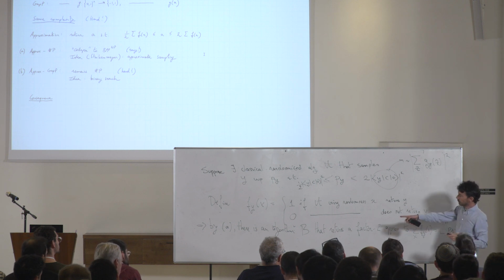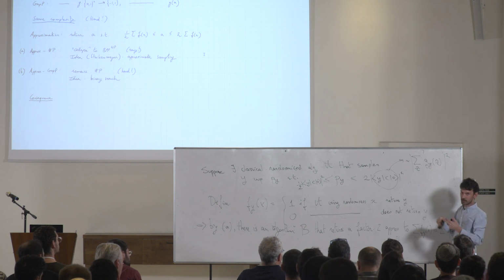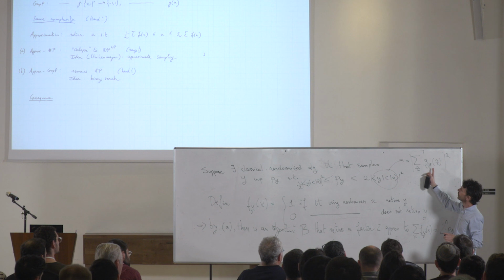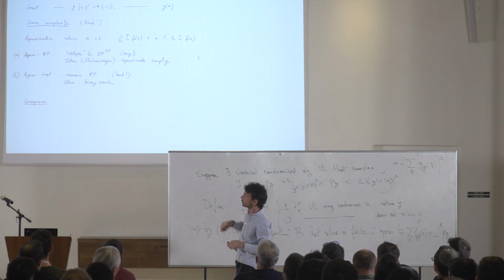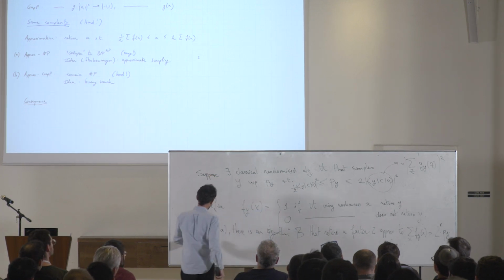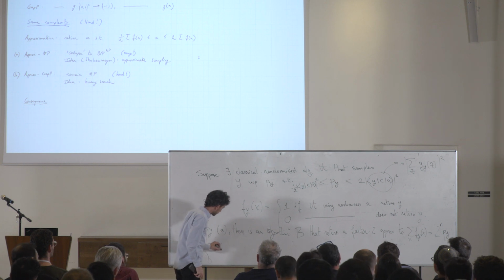In particular, this algorithm B actually returns a factor 4 approximation to the sum. You can also ignore the square, that's a technicality, to the sum of a GapP function. But we just wrote over there that approximating GapP functions should be hard. So then I have a contradiction with B.